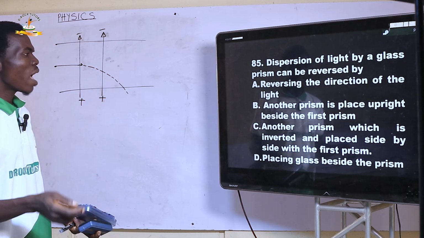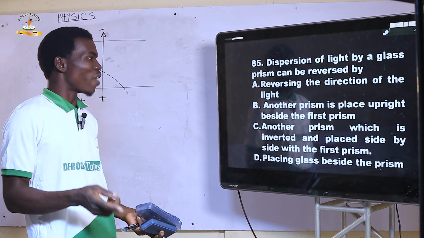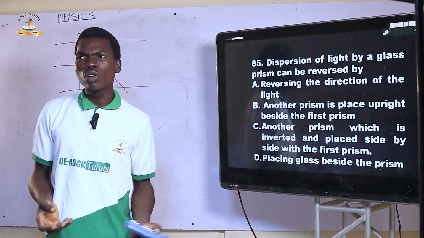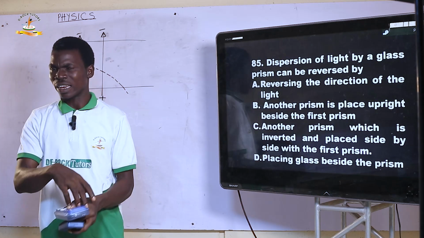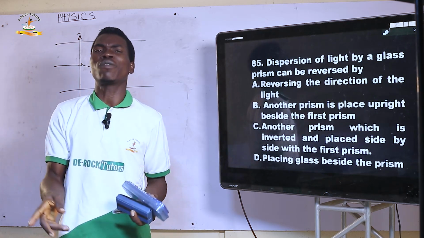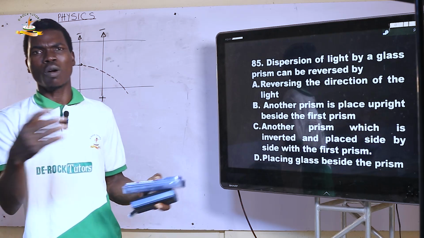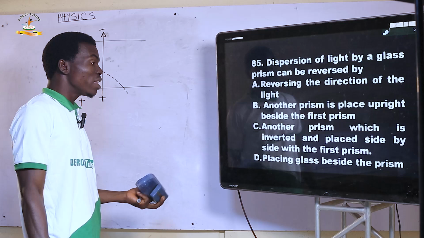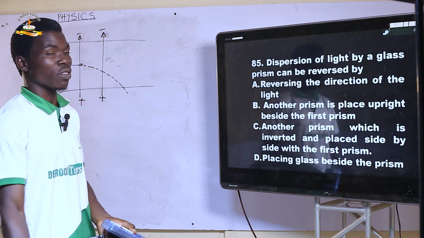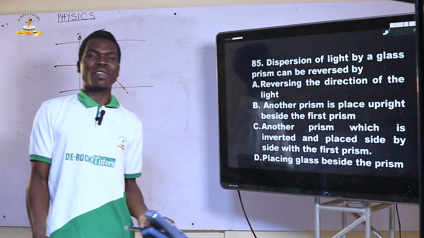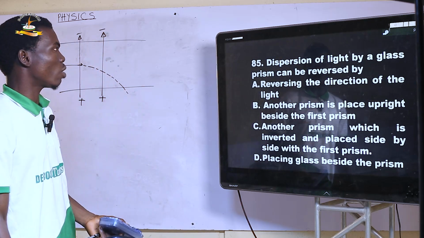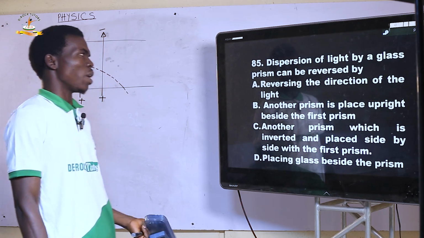No. C, another prism which is inverted and placed side by side with the first prism? Yes. If you do this, you are reversing the first process of dispersion, you recombine it, and you are going to have a white light. D, placing glass beside the prism. You cannot place a glass beside the prism and expect the white light to recombine. No. So the correct option for question 85 is C.